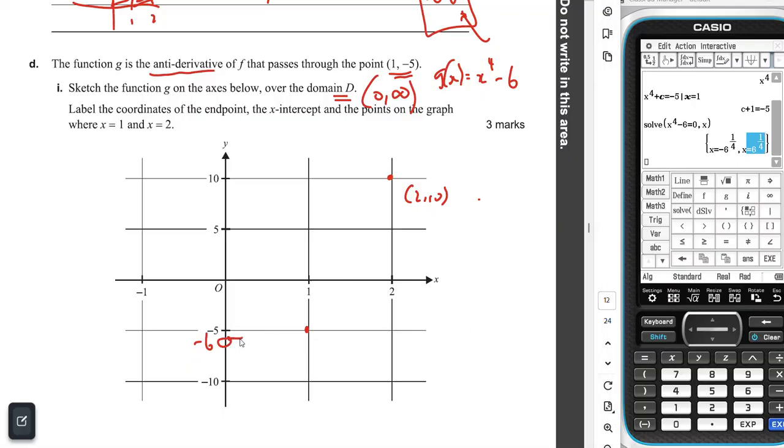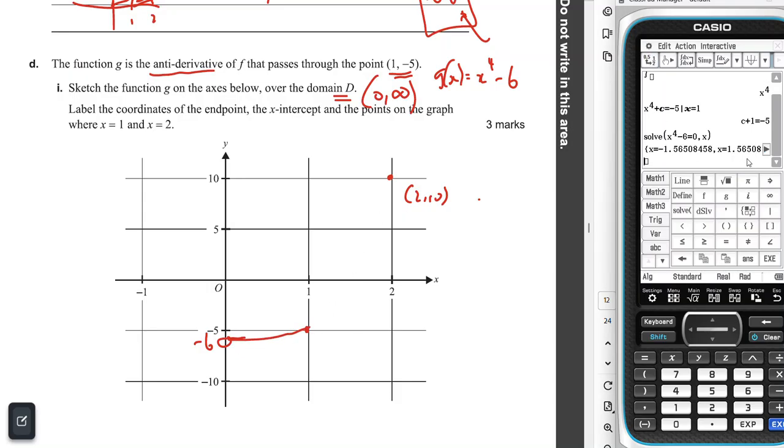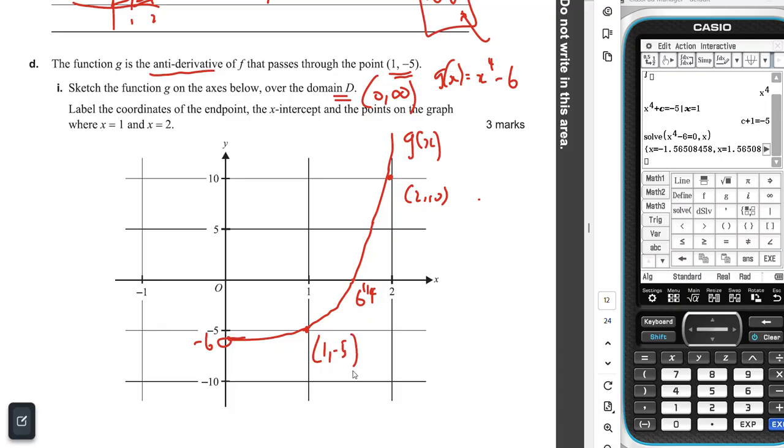Okay, so my curve's going to look like this, and the fourth root of 6 is roughly 1.56. So that's g of x, that's 6 to the 1/4, that's 1 and -5, and that's 2 and 10.